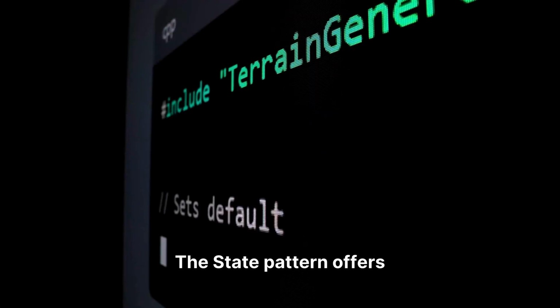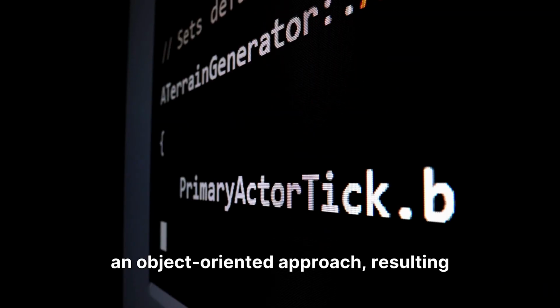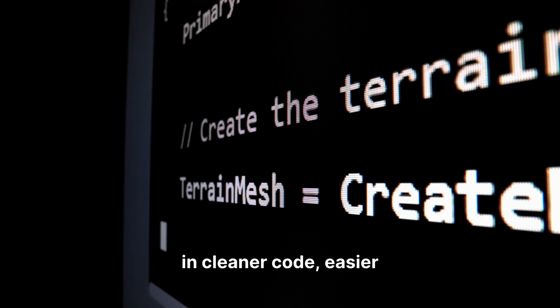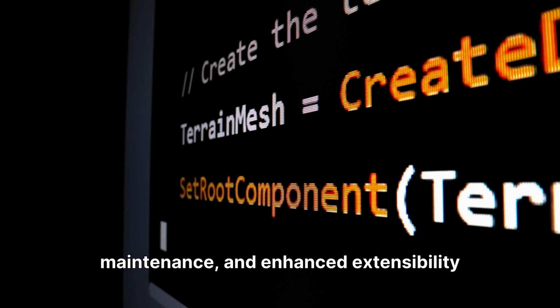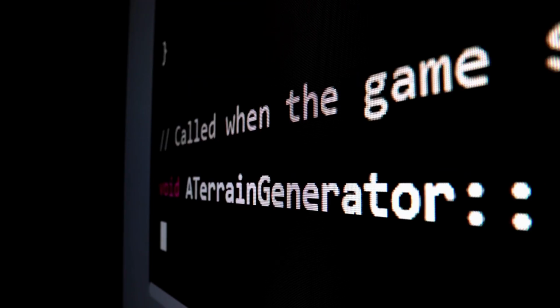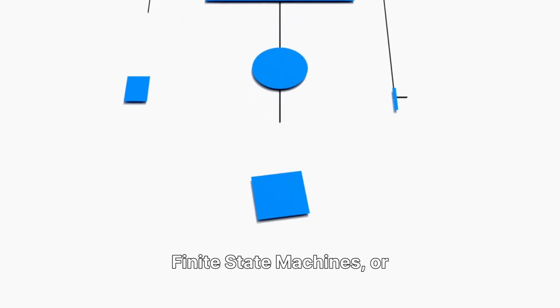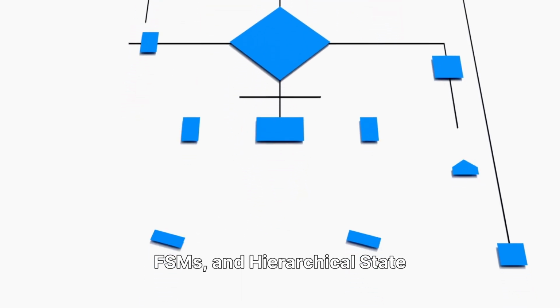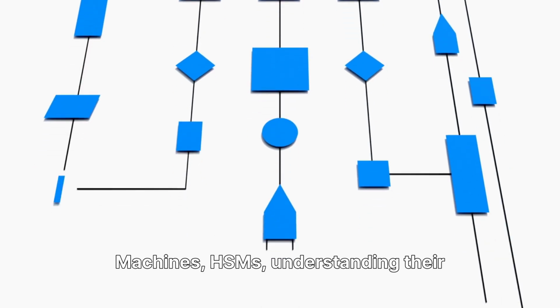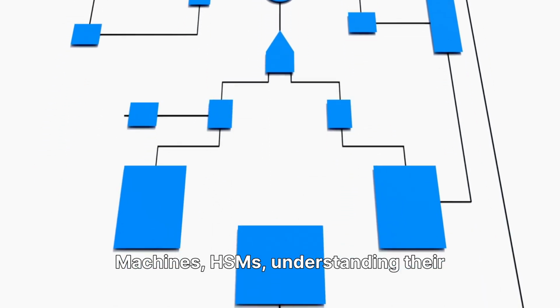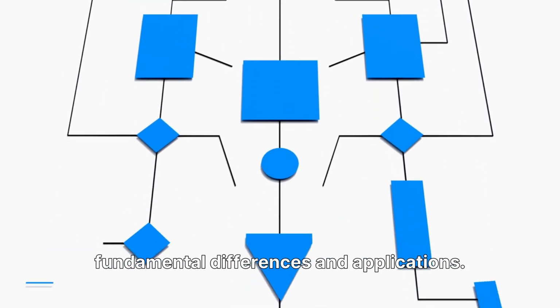The state pattern offers an object-oriented approach, resulting in cleaner code, easier maintenance, and enhanced extensibility for your game systems. We'll briefly touch upon finite state machines, or FSMs, and hierarchical state machines, HSMs, understanding their fundamental differences in applications.